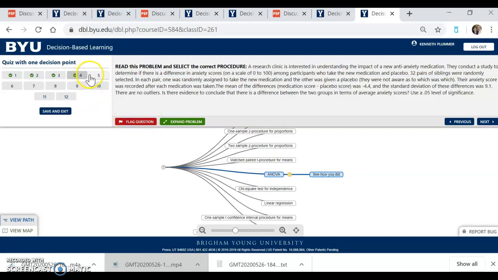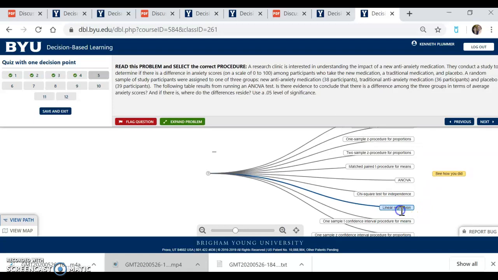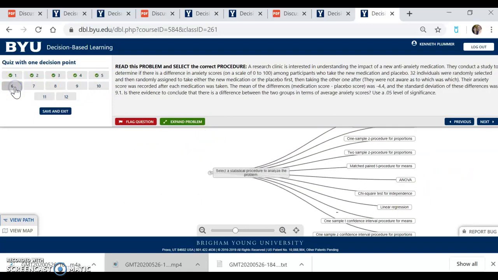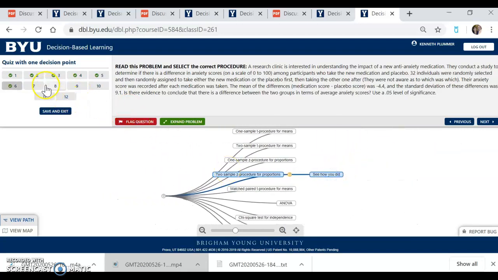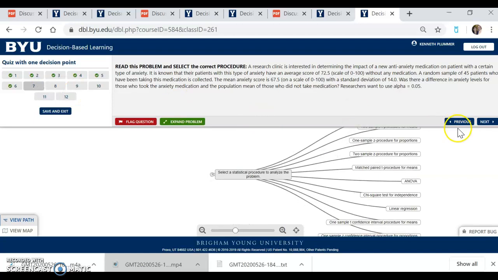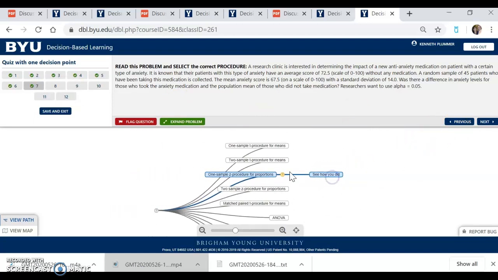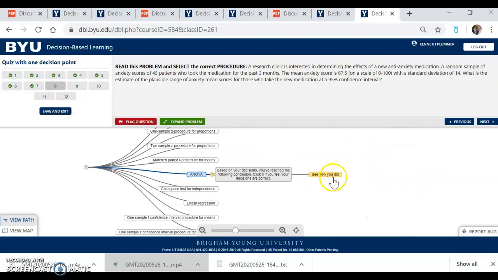And notice it doesn't tell them, it just gives them a green check that they've done it, but it doesn't tell them whether they got it right or wrong. And this is what, through Canvas, we can submit to Learning Suite. And so now we actually have the quiz, I'm sorry, not Learning Suite, but into Canvas. We have the quiz built right into the DBL.